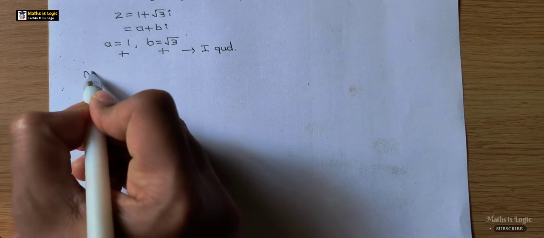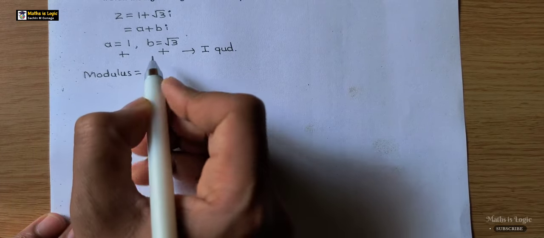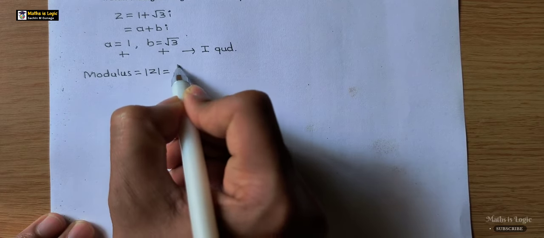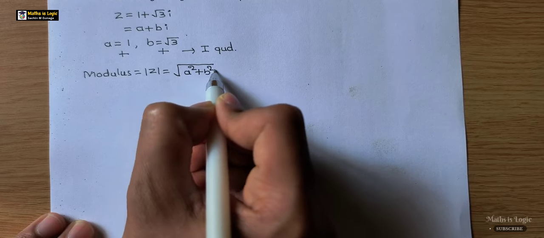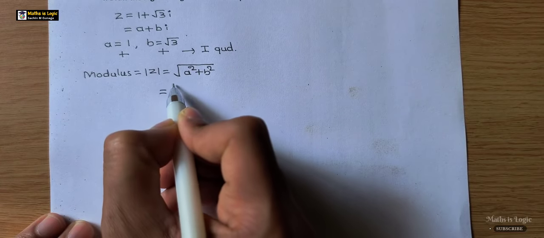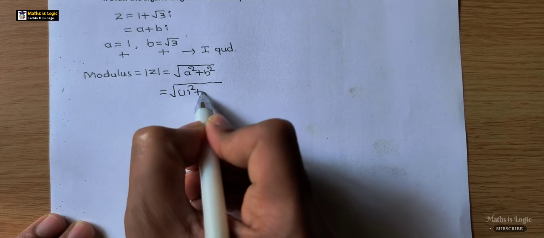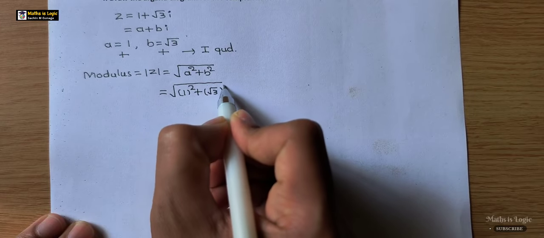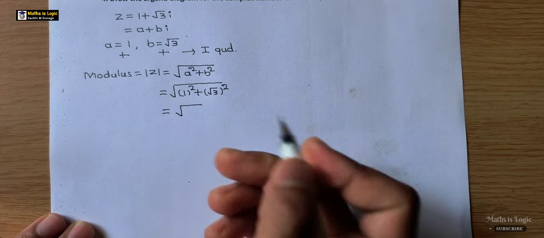Therefore, we know the modulus formula. Modulus, mod z, is equal to square root of a square plus b square. So this is equal to square root of a, which means 1, so 1 square plus b, which means root 3, so it is root 3 square. Keep it as it is.